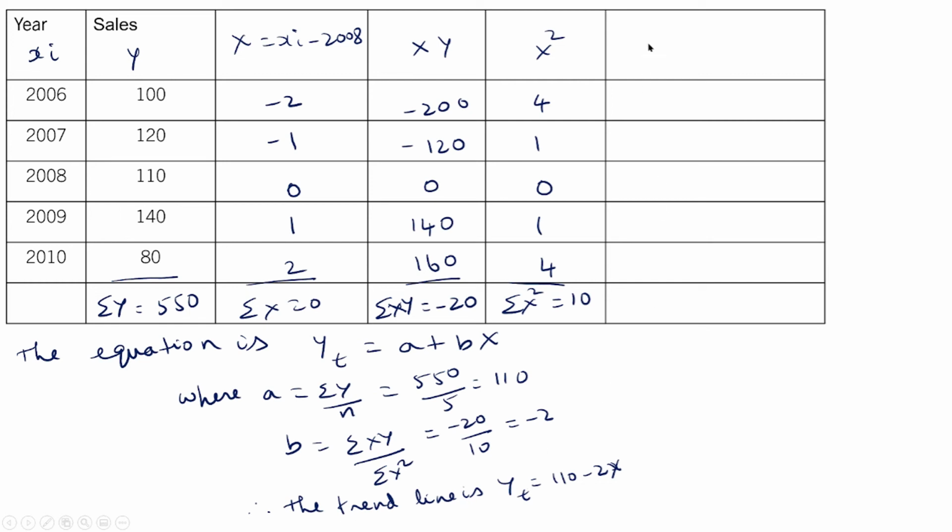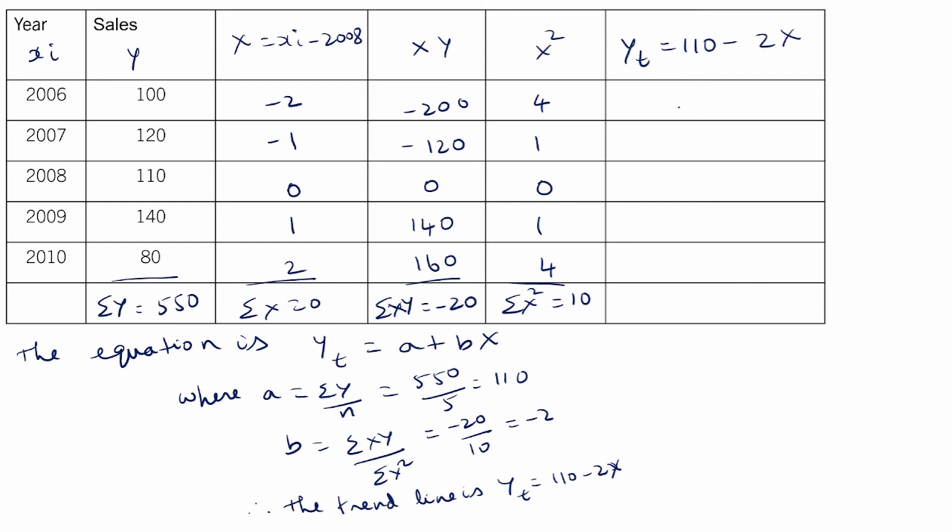We are also asked to calculate the trend values. So let us have another column for finding the trend values. So it is 110 minus 2x. Here we have to substitute each of the values of x and find the trend value. So here it is 110 minus 2 into minus 2.